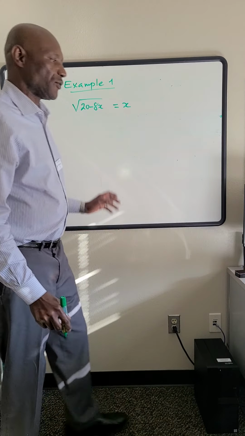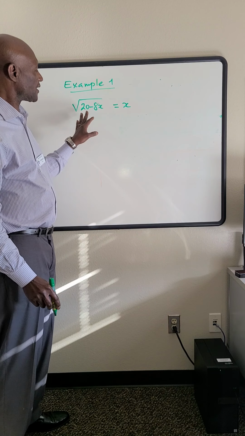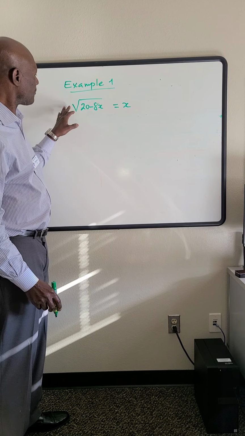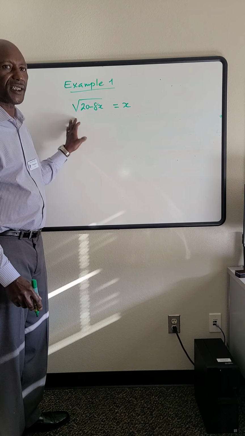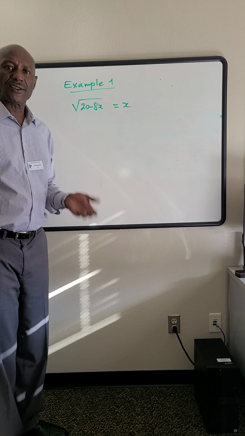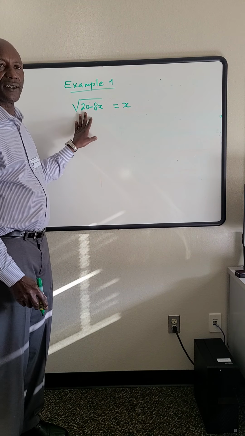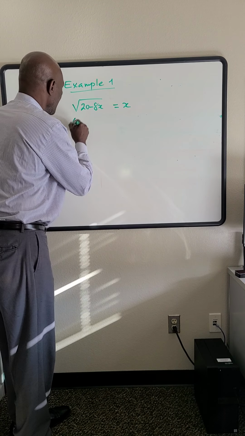In a radical equation, the first step is to isolate the radical, but here in our example it is isolated already. If we have, for example, a 4 times the radical, we have to divide the other side by 4 as well. So isolate the radical first. Once you isolate the radical, you can square both sides. So we're going to square it.